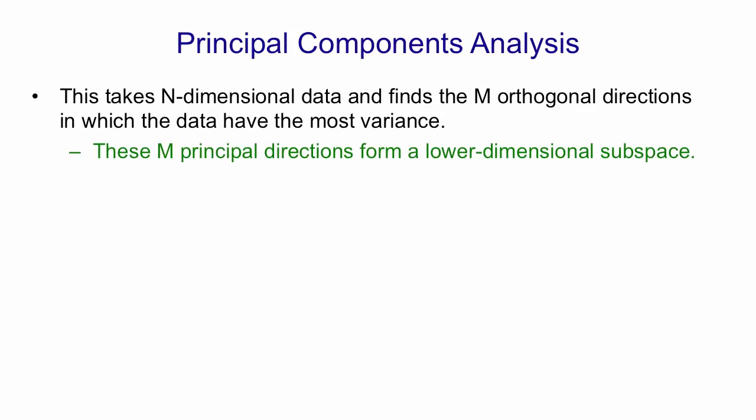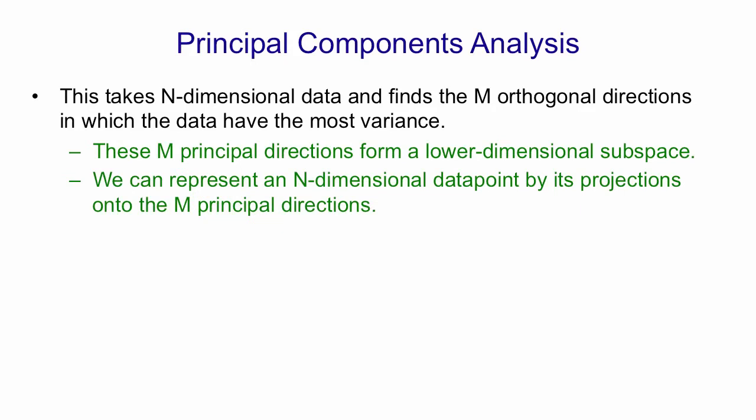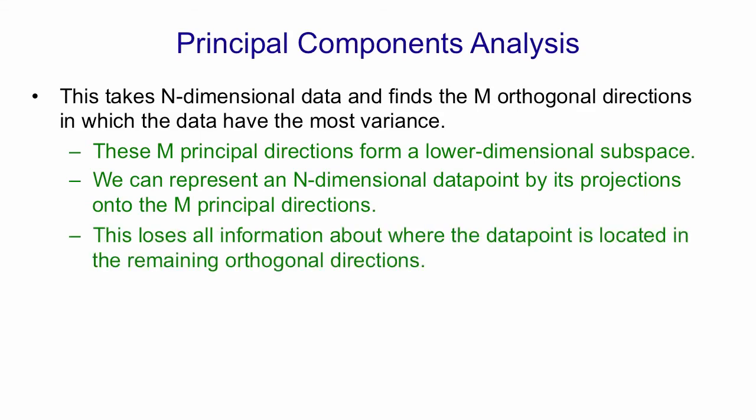The m principal directions form a lower dimensional subspace, and we represent an n-dimensional data point by its projections onto these m directions in the lower dimensional space. So we've lost all information about where the data point is located in the remaining orthogonal directions. But since these don't have much variance, we haven't lost that much information.